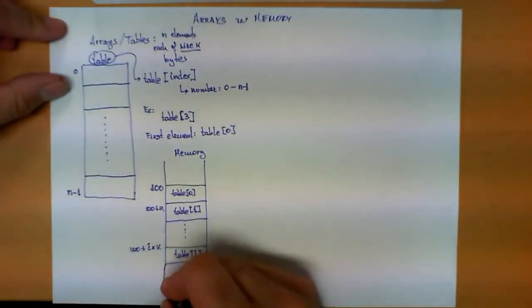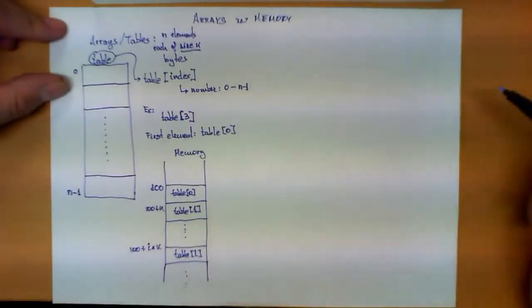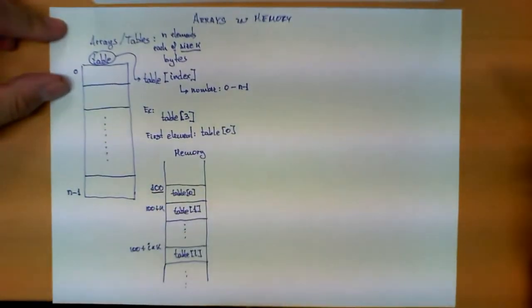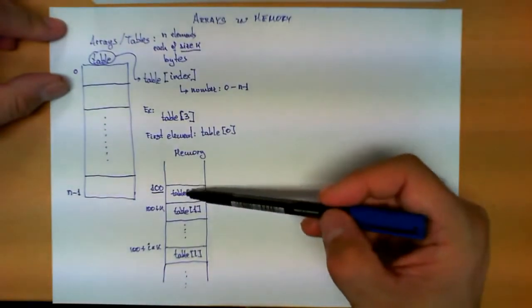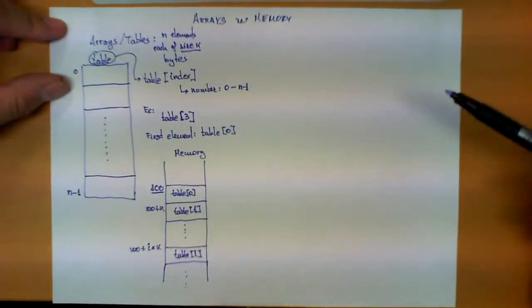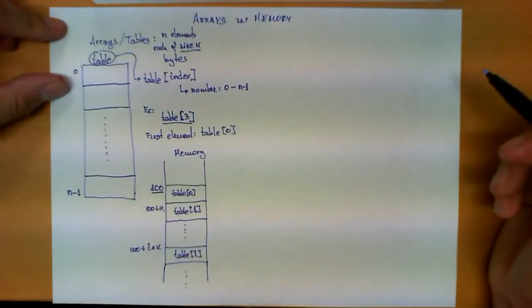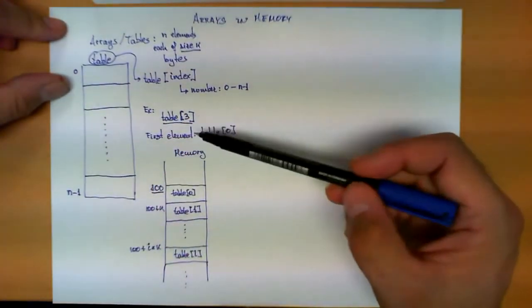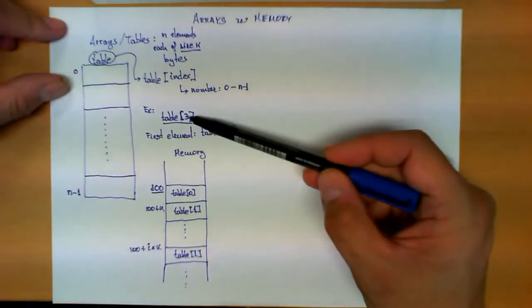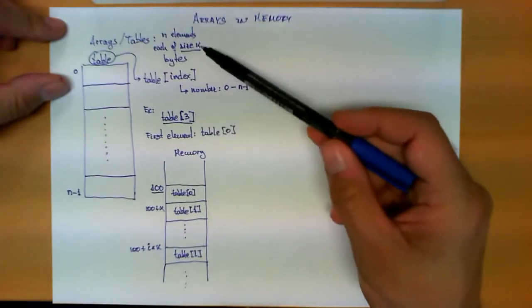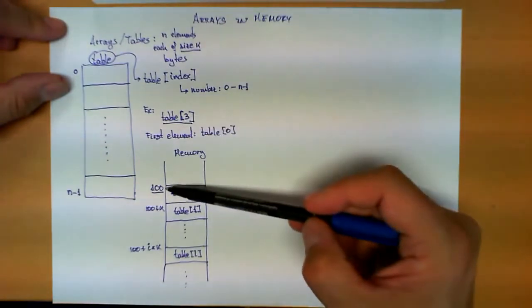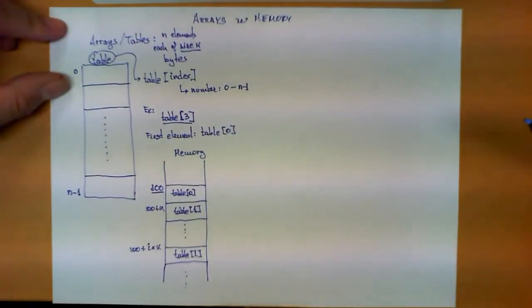So a different way of looking at this is that if we have this data structure stored in memory, and we know the beginning of the data structure, the address after which all the bytes of all the elements are stored, whenever we access a specific element, the address of such element is immediate, because what we have to do is multiply the index, in this case 3, times k, and add the result to the initial address of the array, in this case 100.